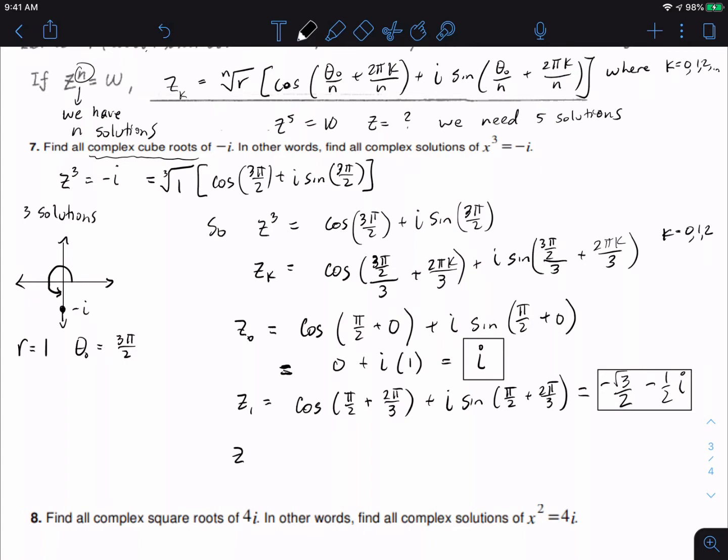So then z sub 2 is going to be cosine of pi over 2 plus 4 pi over 3 plus I sine of pi over 2 plus 4 pi over 3. And does everyone get why I got 4 pi over 3 added to both?